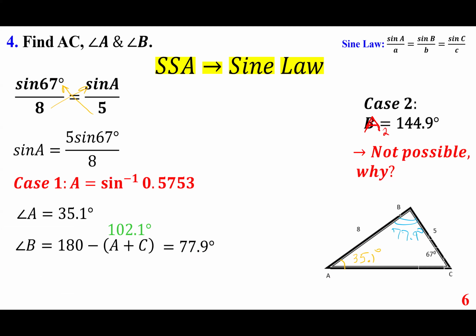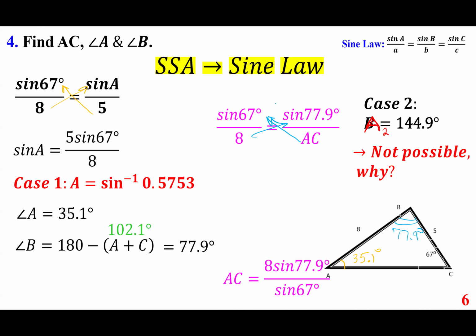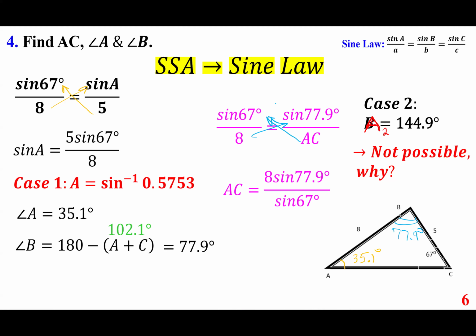Cross product: AC is 8 sine 77.9 divided by sine 67. Put it into a calculator. AC becomes 8.5. And now write all of them here. So there you have it.